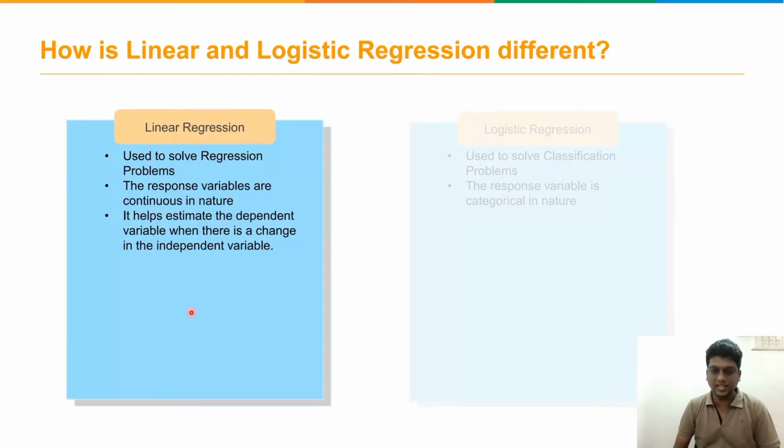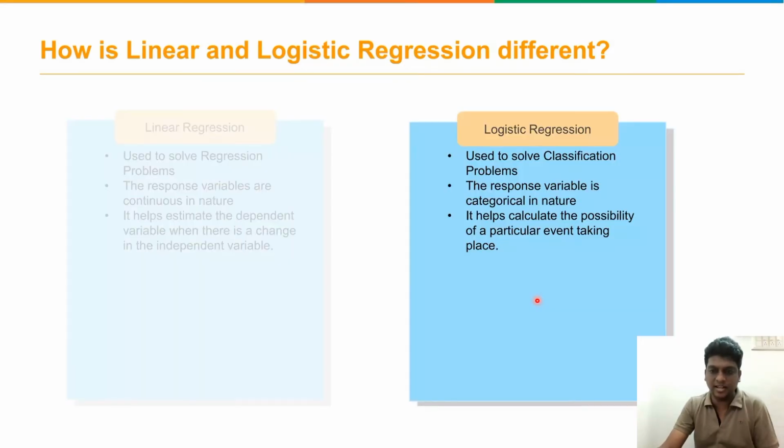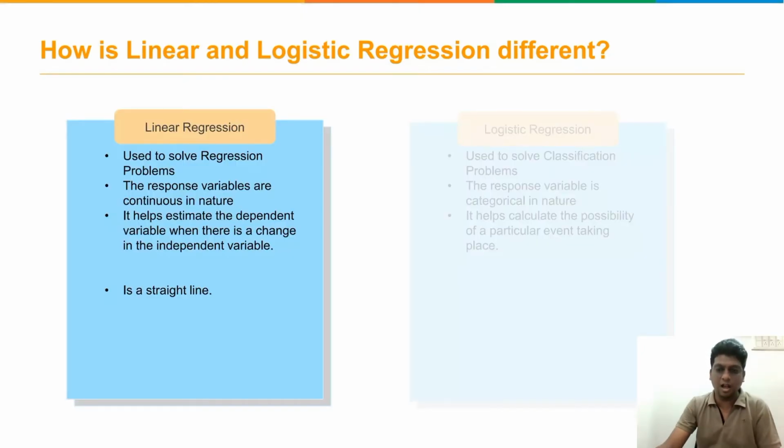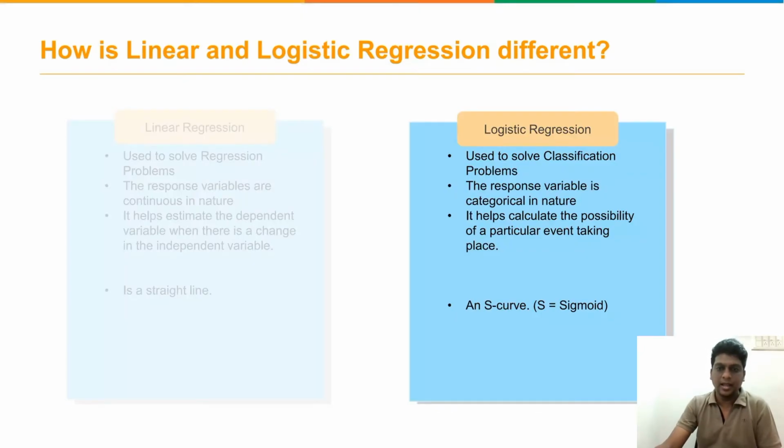Whenever there is a change in the independent variable, we have to estimate the value of the dependent variable again. Logistic regression helps to calculate the possibility of a particular event happening. Linear regression is always a straight line, while logistic regression is normally a sigmoid curve, which is denoted as an S curve.